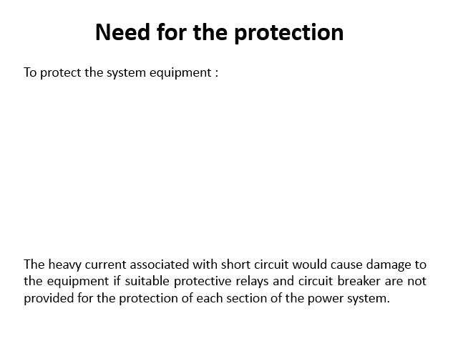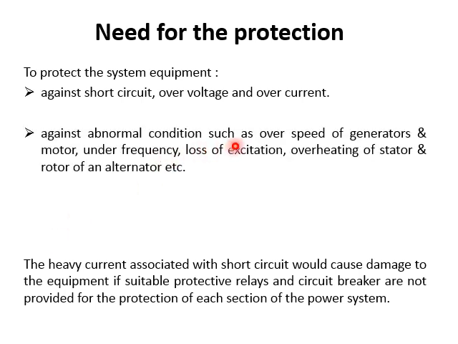Need for the protection. To protect the system equipment against short circuit, over voltage and over current. To protect the system equipment against abnormal conditions such as overspeed of generator and motor, under frequency, loss of excitation, overheating of stator and rotor of the alternator.